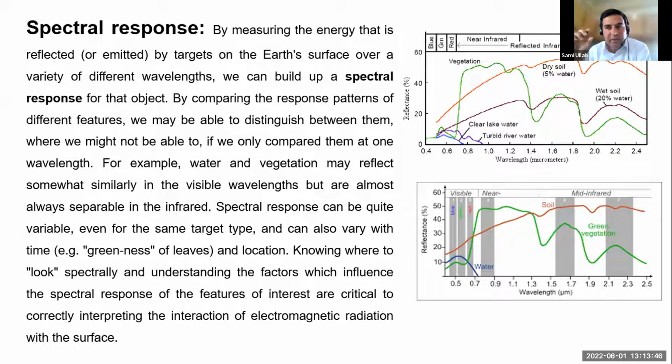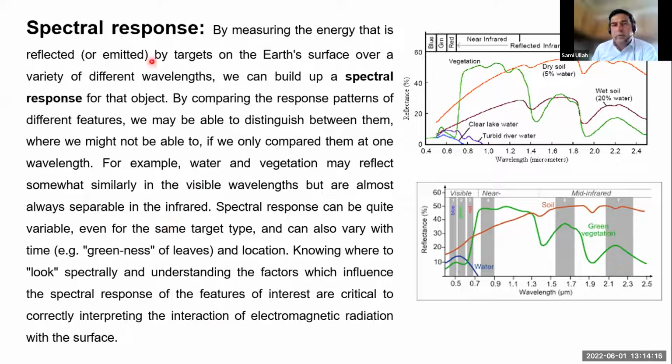So because of this different response of the electromagnetic radiation at different wavelengths, we can differentiate between different objects on the surface of the earth. And that's actually what the classification algorithm is doing, using some regression or some parametric or non-parametric classification.